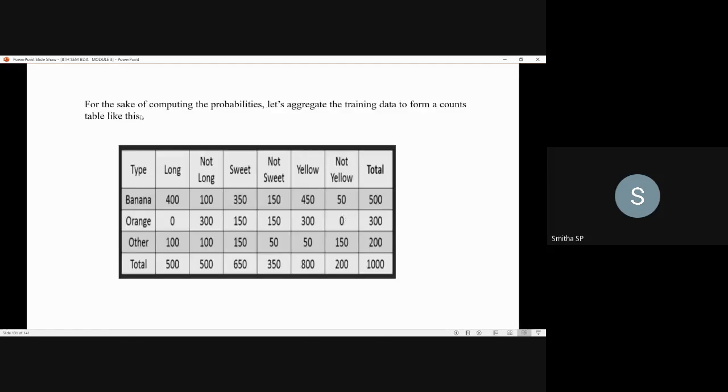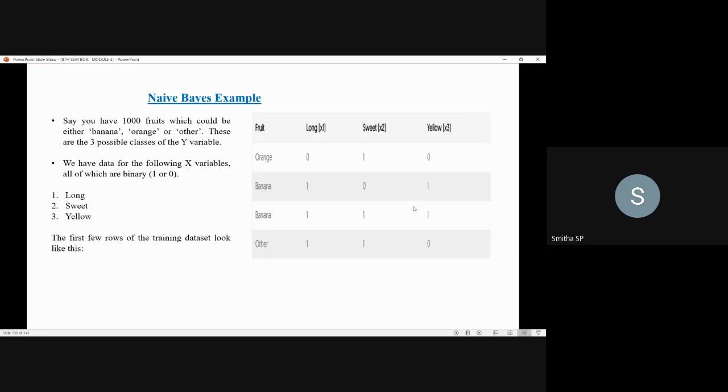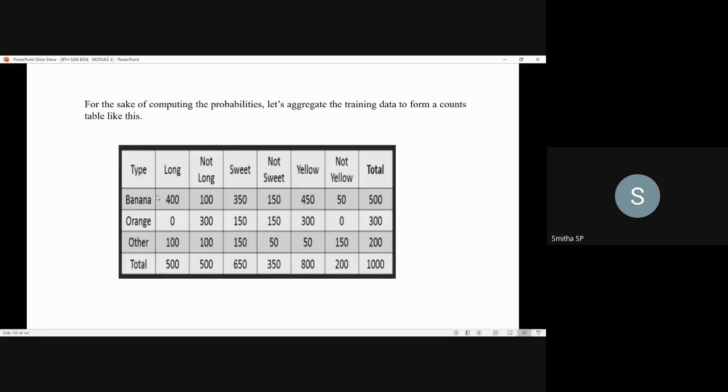For the sake of computing the probabilities, let's aggregate the training data to form a counts table like this. By looking into this training data set, we have aggregated it to form a counts table as shown in this tabulation.